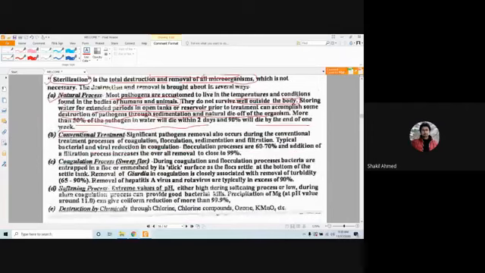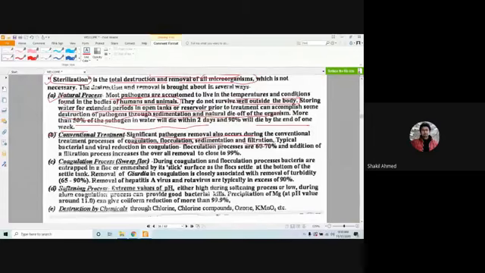Conventional treatment. Are you following me, guys? Significant pathogen removal also occurs during the conventional treatment process, like when we do coagulation, flocculation, sedimentation, and filtration. We saw that we remove some amount of bacteria in filtration.